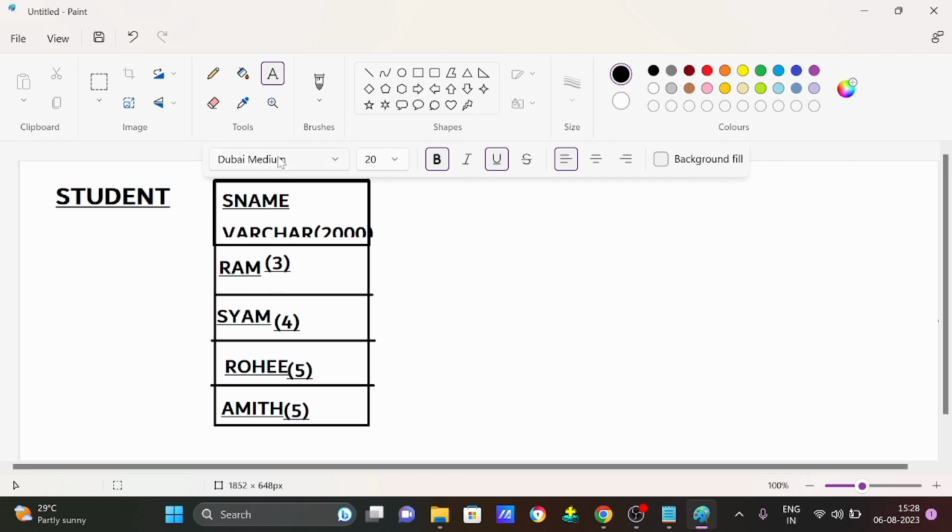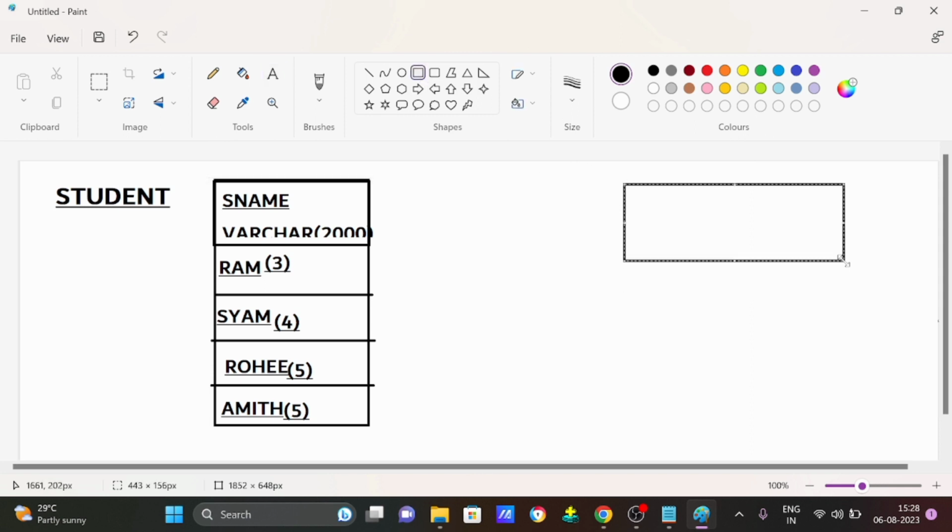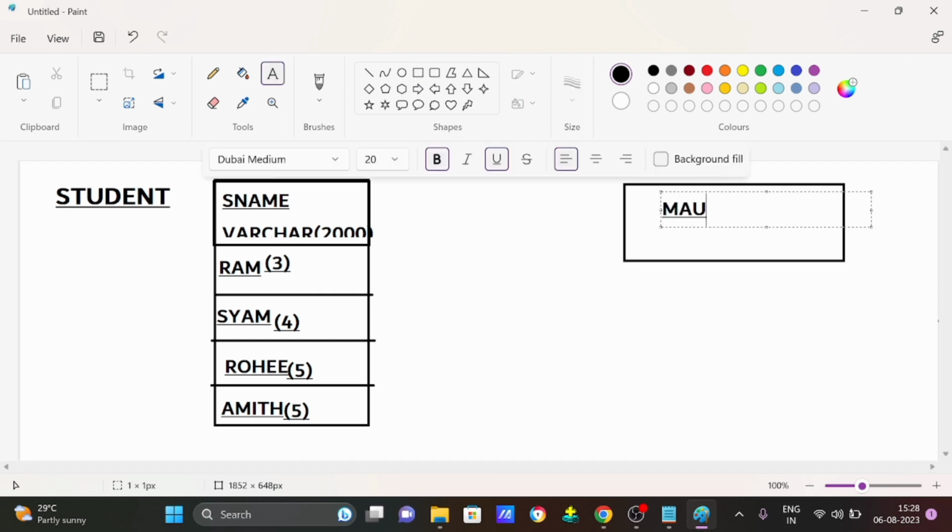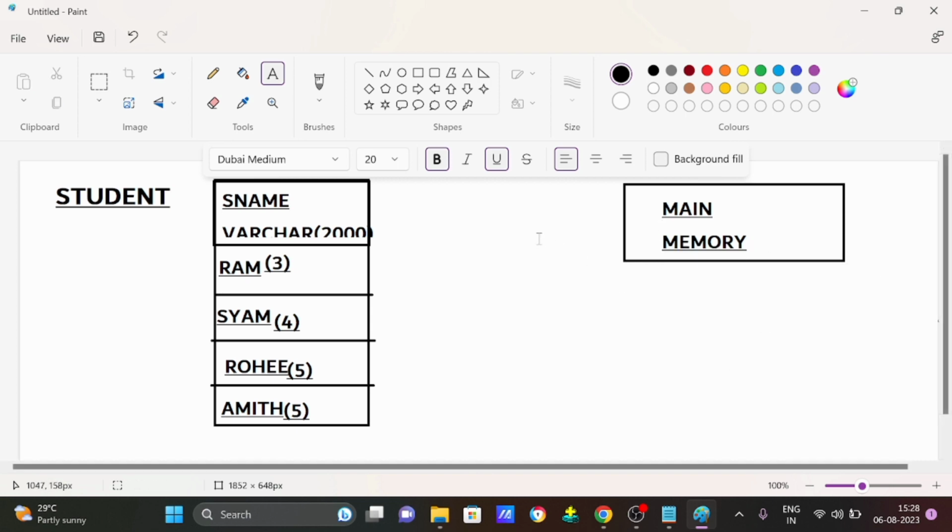Now, let us consider the main memory. If we observe here, I've considered the size of the varchar data type as 2000.